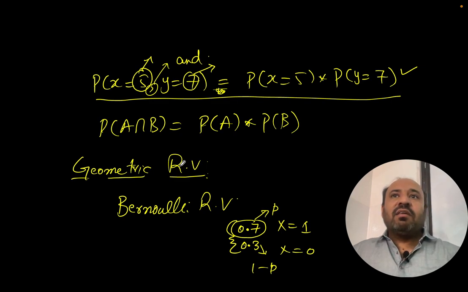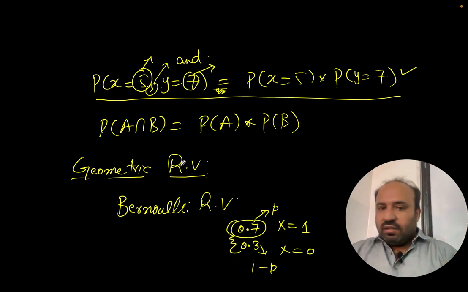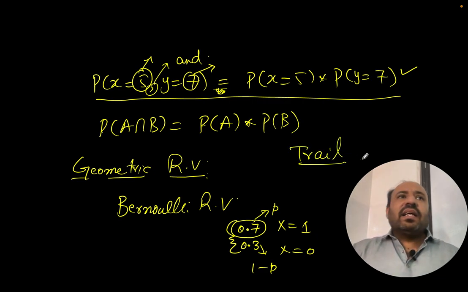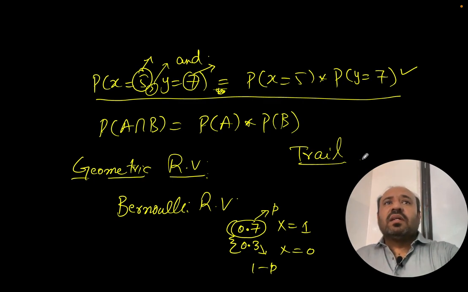Rather than experiment, we call it trial. Let me write that out here. It is correct to say we are doing Bernoulli experiments, but statisticians normally say we are doing Bernoulli trials.